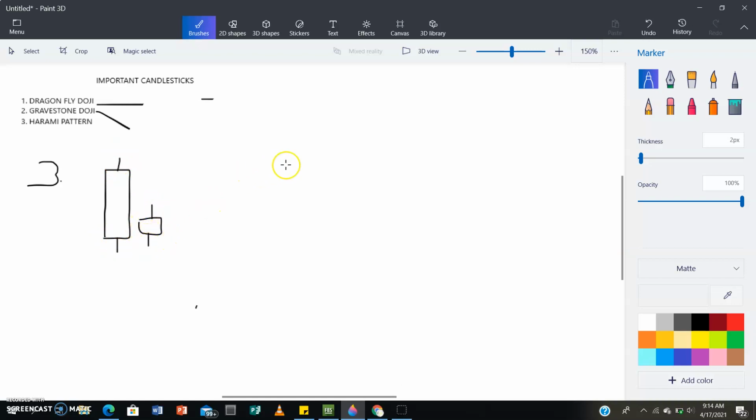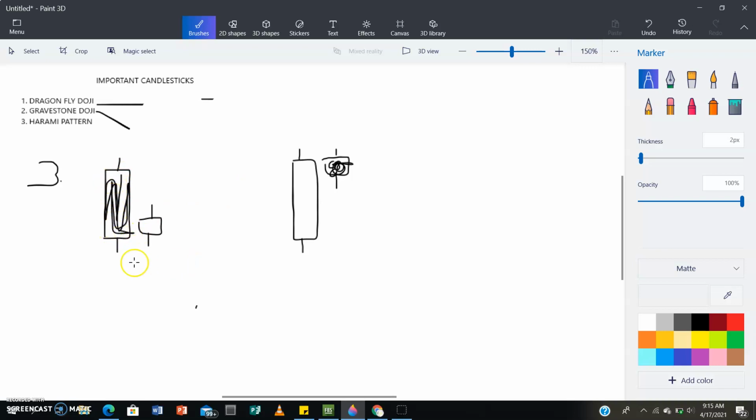Okay, so it has two formations, or it has two patterns. We have something like this, and we have this. So this is a bullish candlestick, and this side is the bearish candlestick that we have right here.